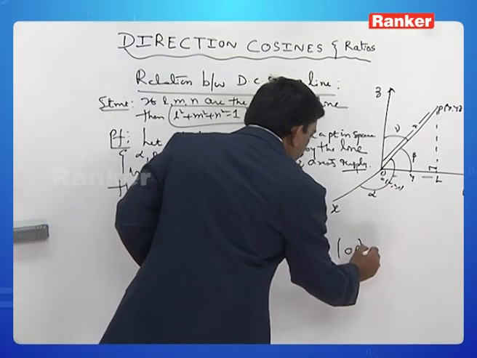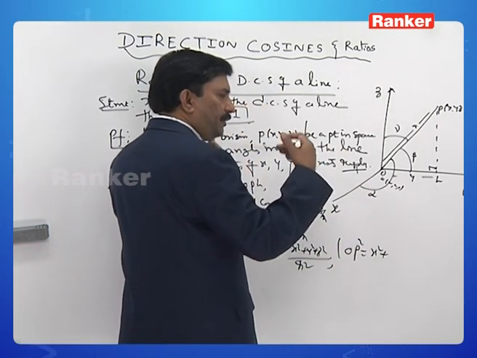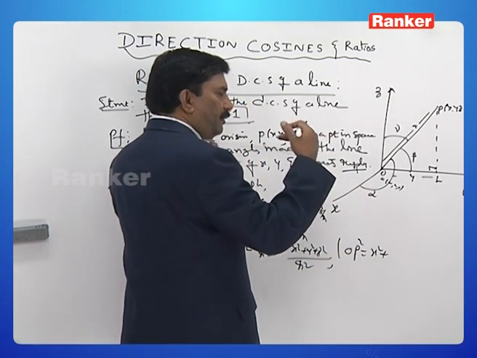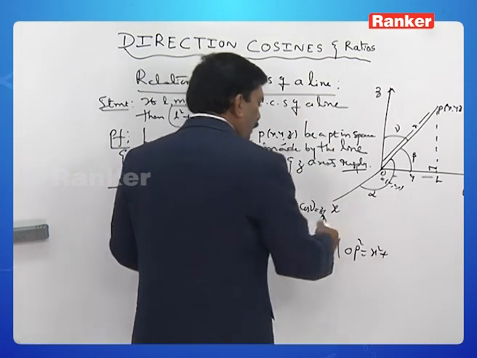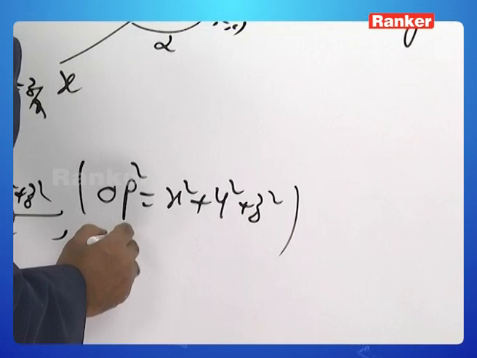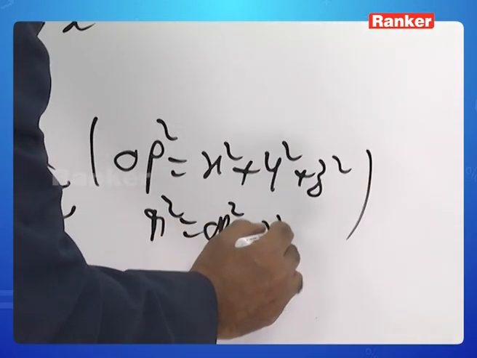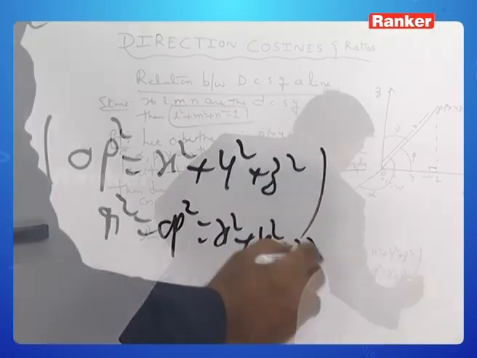I can write OP equal to the square root of x minus 0 whole square plus y minus 0 whole square plus z minus 0 whole square. Now if you square both sides, it comes as OP square, but OP is nothing but r, equal to x square plus y square plus z square.